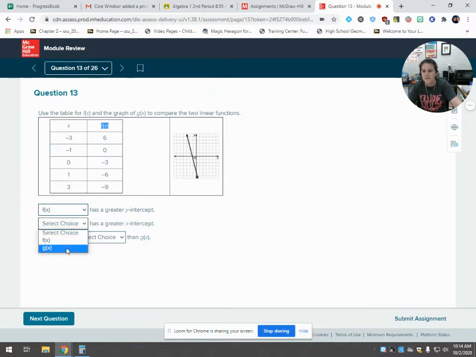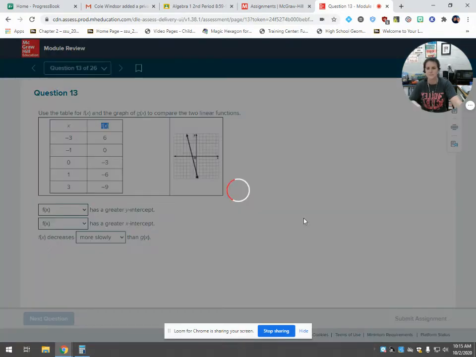So f of x also has a greater x-intercept. And we can see that f of x is decreasing more slowly because it's going down like this. This one is decreasing more rapidly. This is g of x, so f of x was going down more slowly. f of x decreases more slowly than g of x.